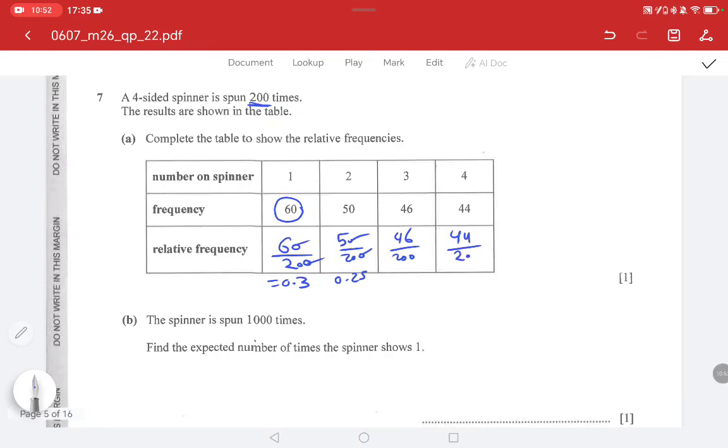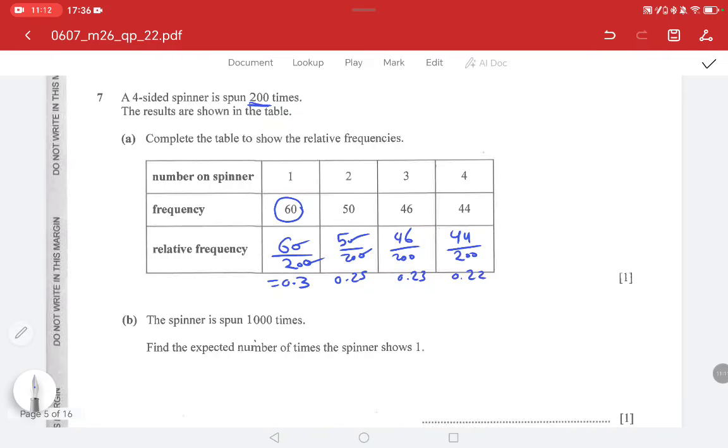and 44 over the 200, okay? So 46 over 200 is 0.23, and 44 over 200 should be 0.22.